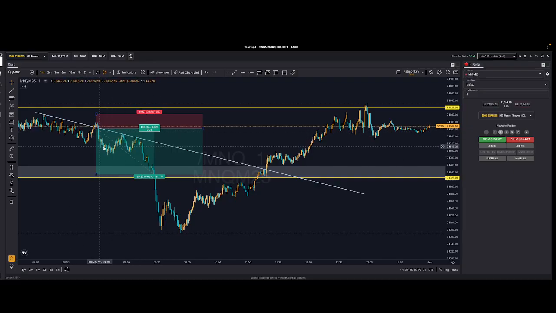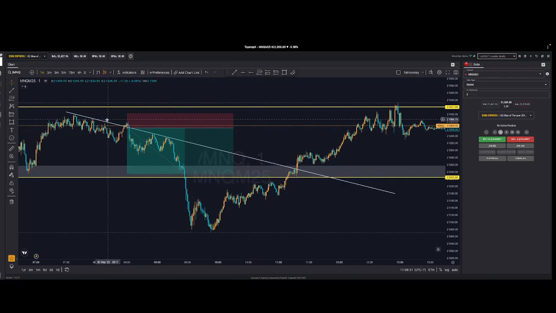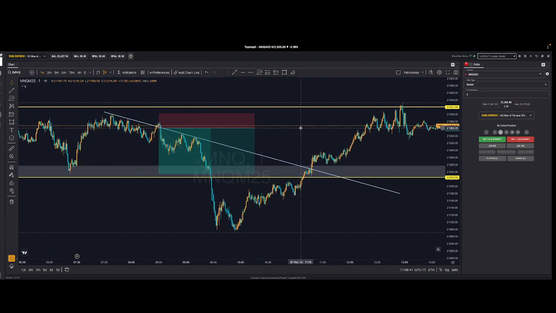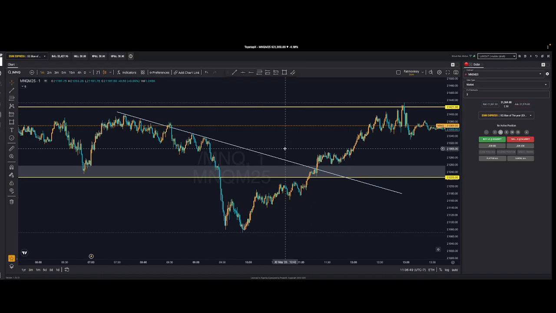Most people like to go to 1 minute so they can snipe entries, and even in 1 minute you can see clearly, okay, look at all this price action. It's coming to the trendline: short, trendline, short, right? That's how people like to play trendlines. Now, just remember, every line you see is just a line. It doesn't mean anything.